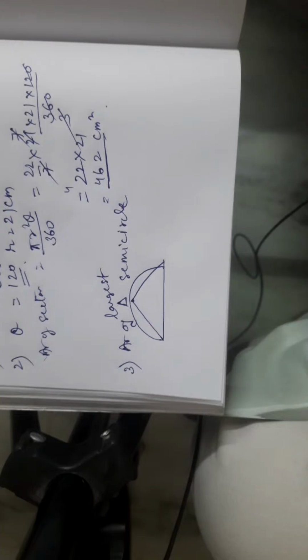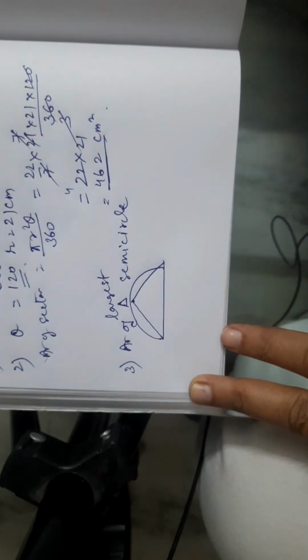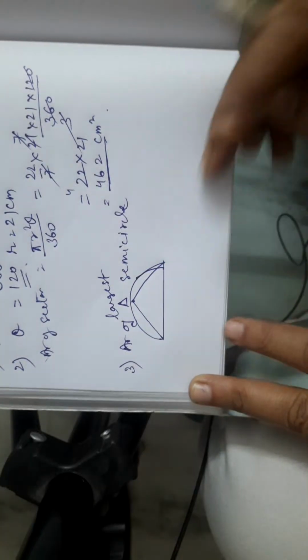Okay, few minutes only. So here we need to find the area of the triangle which is inscribed in the semicircle.